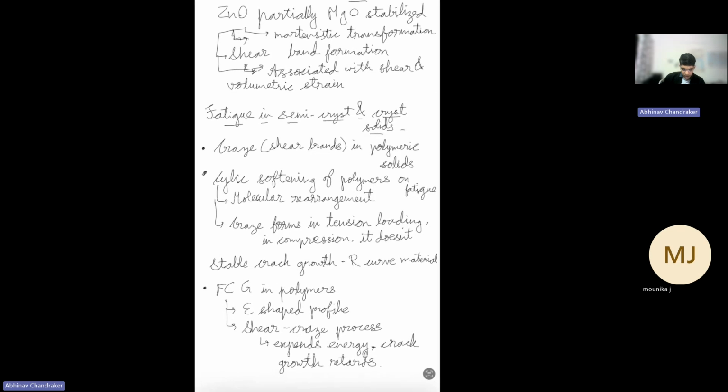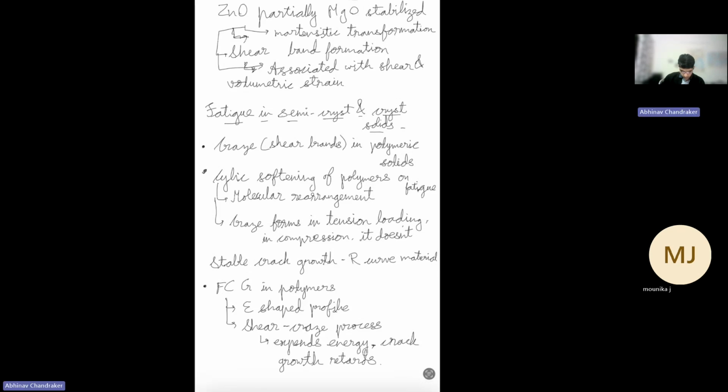And we tend to see in fatigue a formation of craze, which is a kind of shear band. And sir has shown how this looks. It has an epsilon shaped profile. We'll see later.